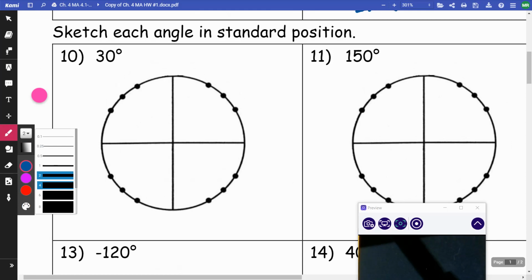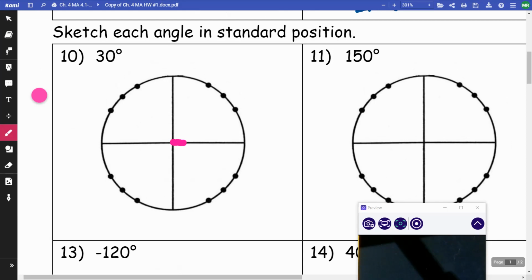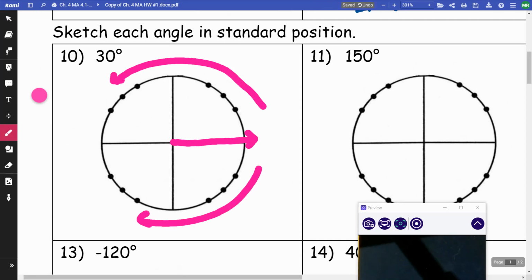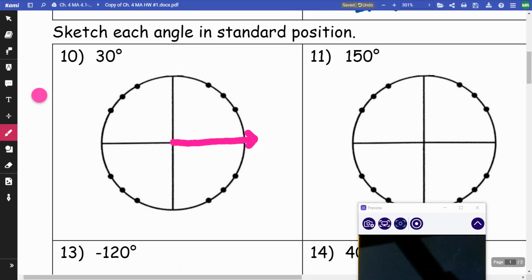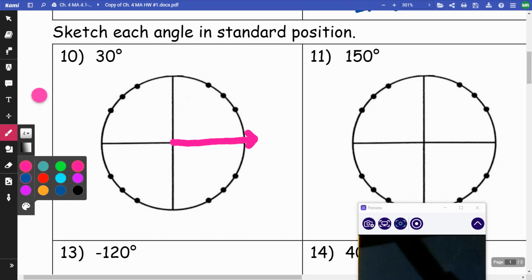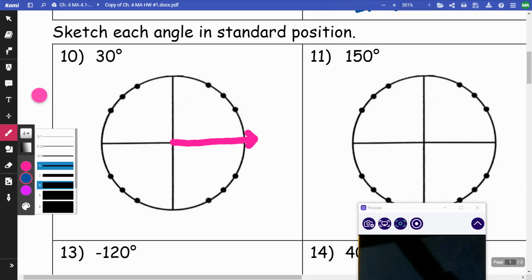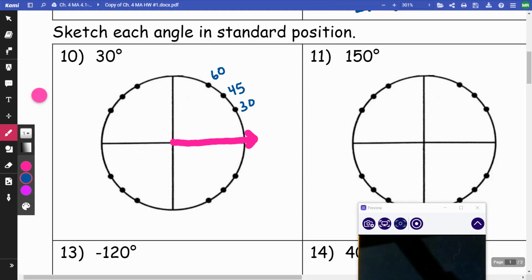Standard position means that we are starting on the x-axis, the positive x-axis. If it's a positive angle, we're going this direction. If it's a negative angle, we're going this direction. Just a reminder, these are going to be 30 degrees, 45 degrees, 60 degrees, 90 degrees.